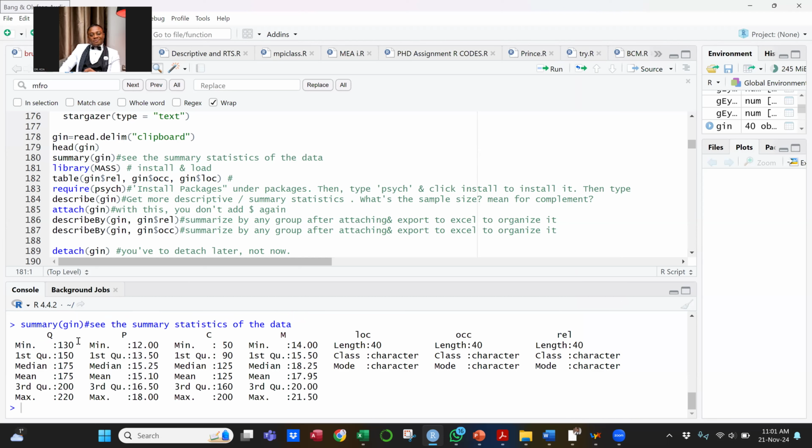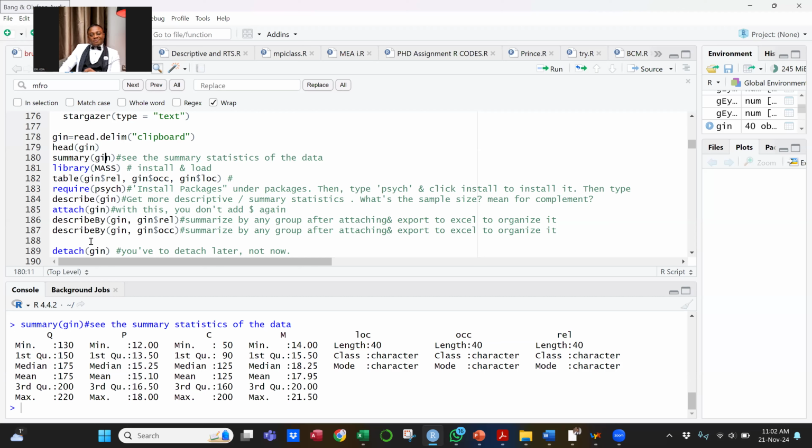Remember that Excel gave you numbers for the dummy variables, with decimals, and even descriptive statistics. The good thing about R is that it doesn't do that. It rather tells you that they are characters, which is the reason why it will not give you their summary statistics.